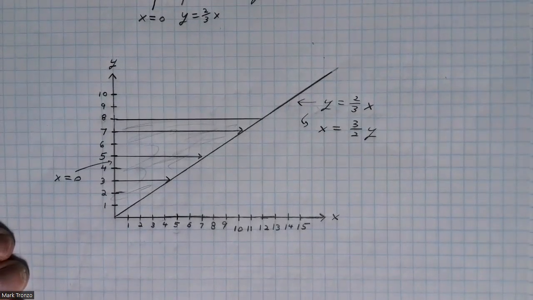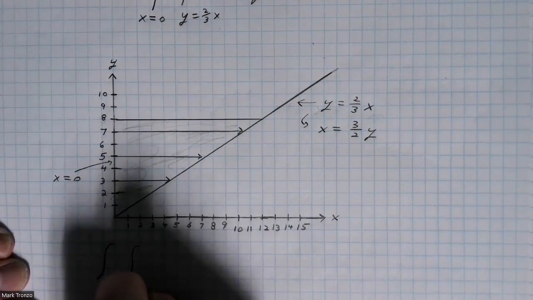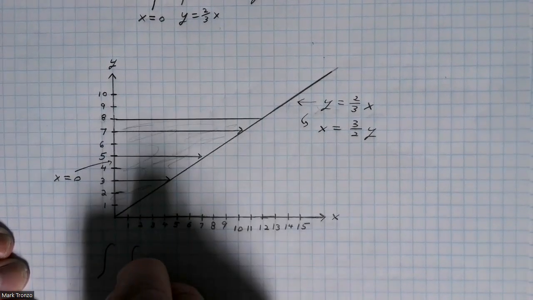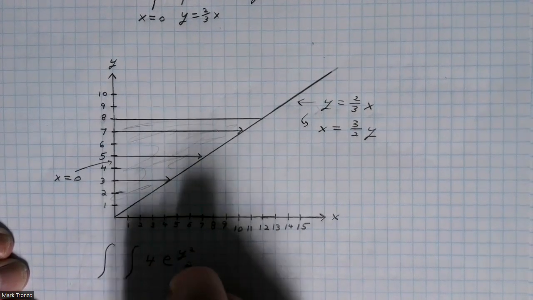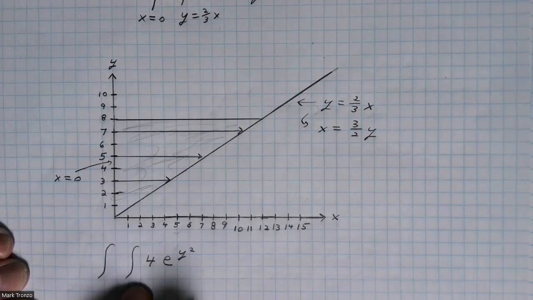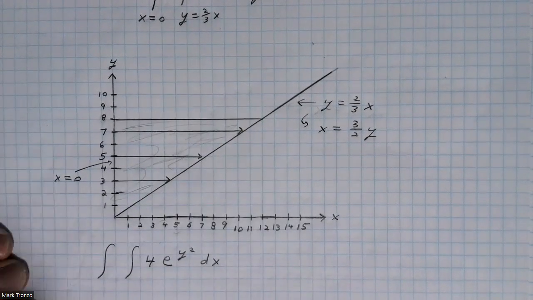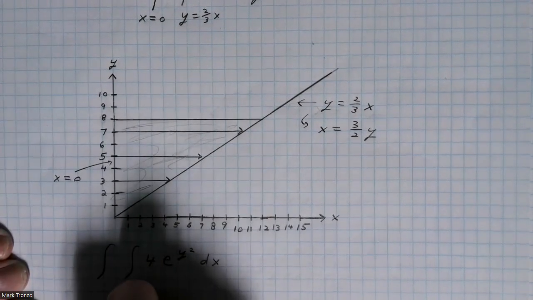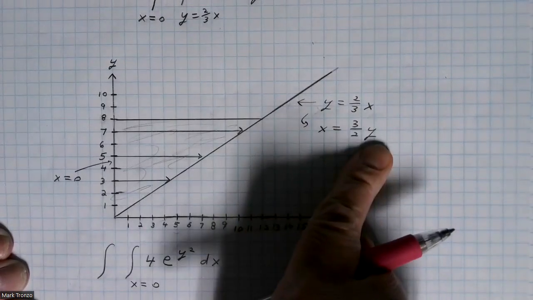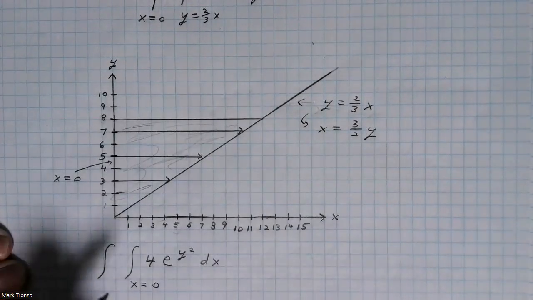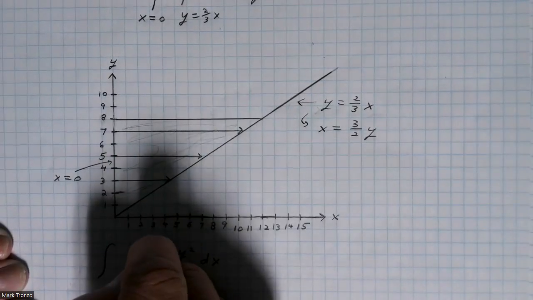Now we can write our integral, integrating with respect to x first. We still have our integrand the same, except now we do x first, going from x equals 0 to x equals 3/2 y, because that's where the arrows end.